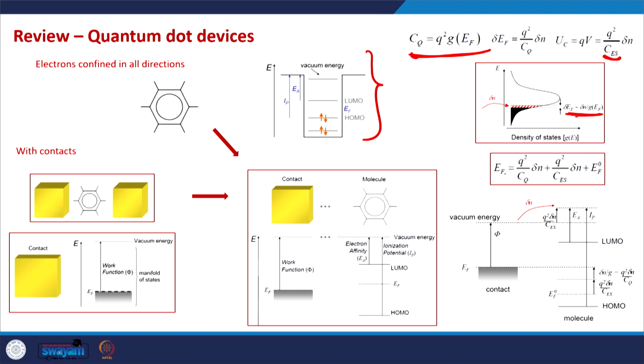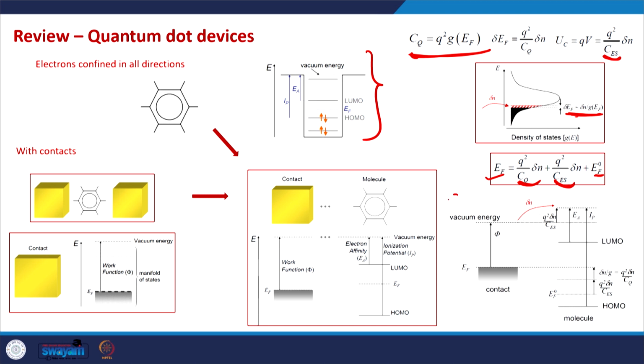In total, we need to consider both of these effects, so the Fermi level of the device can be written as the Fermi level of the quantum dot without the contacts, plus the contribution in the change of Fermi level due to quantum capacitance and the contribution due to the electrostatic capacitance.